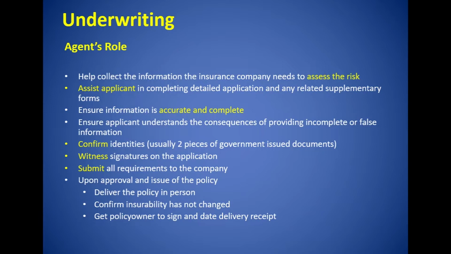So now your role is really to help collect that information that is required by the insurance company. That is the information, not only the information on the application, but all the other underwriting requirements that they need. And you assist the client in completing the detailed application and any of the additional forms that are required.